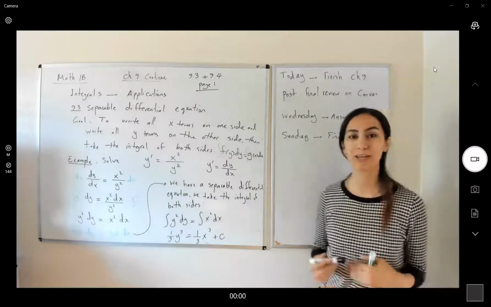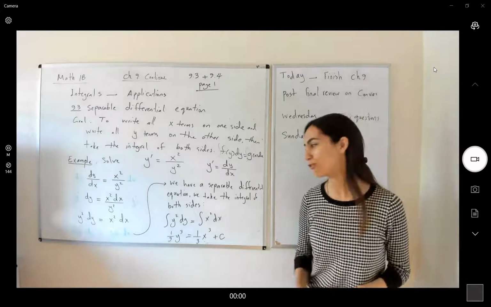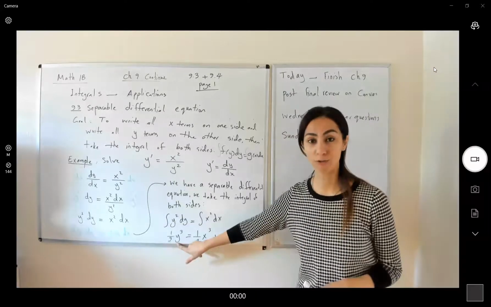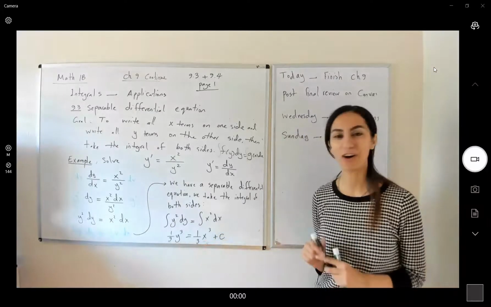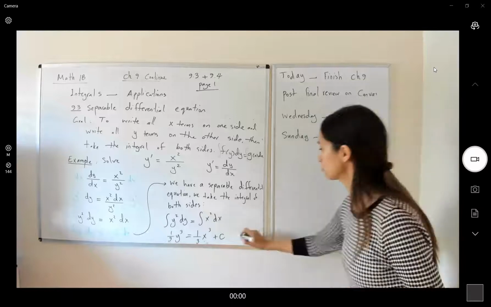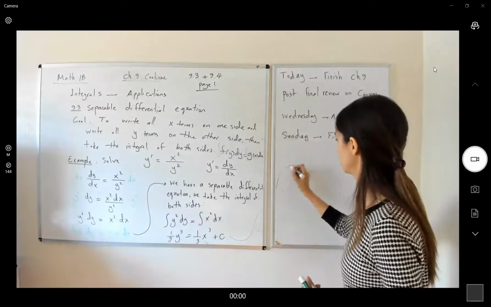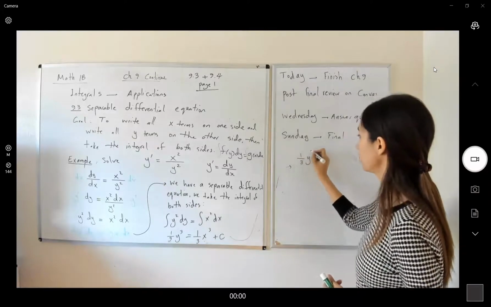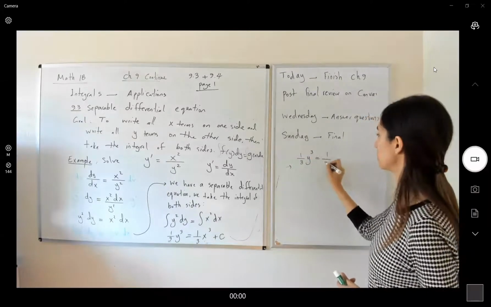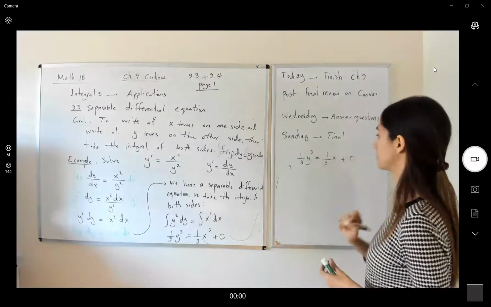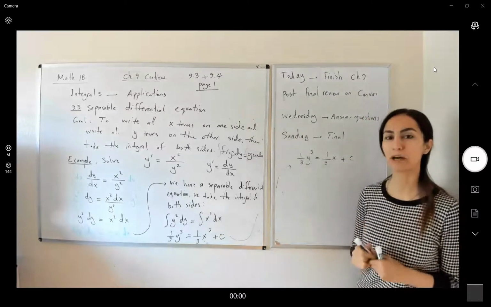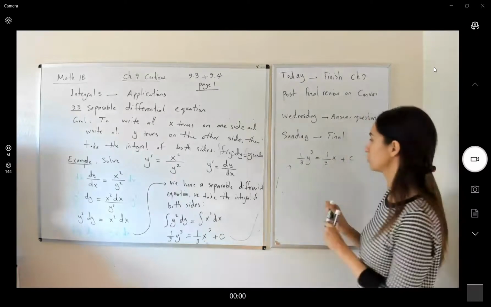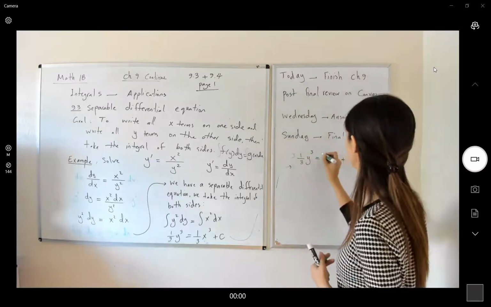Now you apply the algebra that you learned before and try to write y in terms of x. So you have a third y cubed equals a third x cubed plus c. We're going to multiply everything by 3 to get rid of the third.